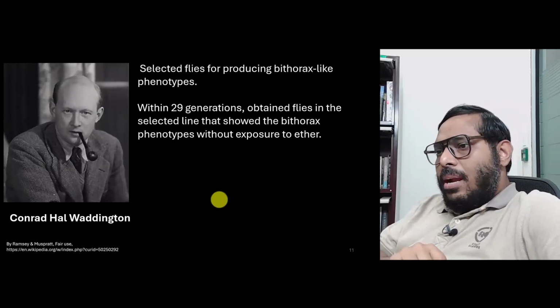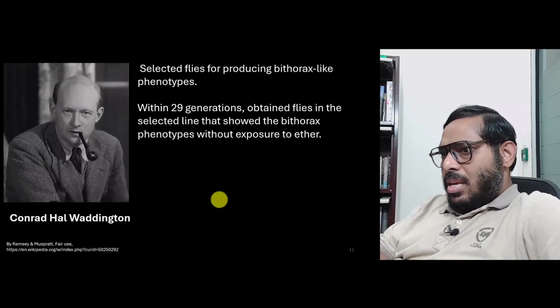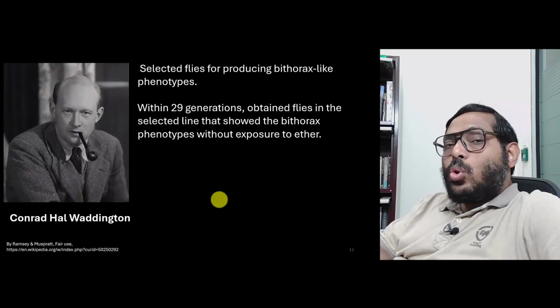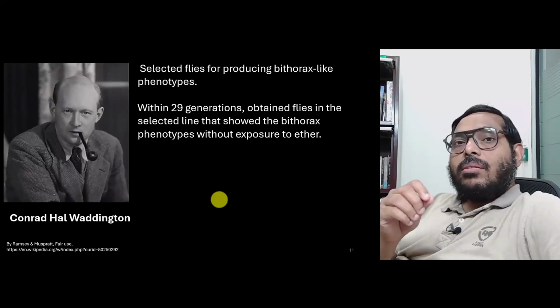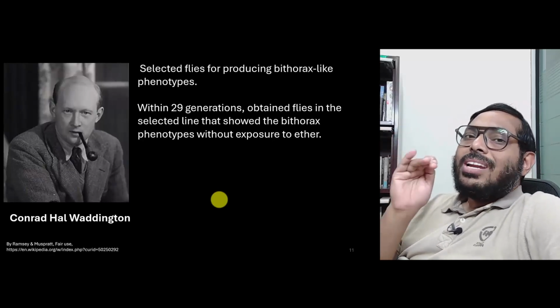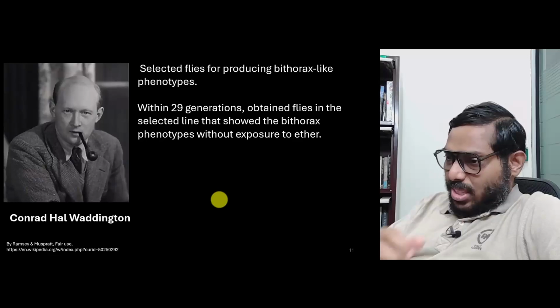Turned out that within 29 generations, he was able to obtain flies in the selected lines that showed the bithorax phenotype even when they were not exposed to ether. In other words, now they did not need ether to produce the 4 wings.